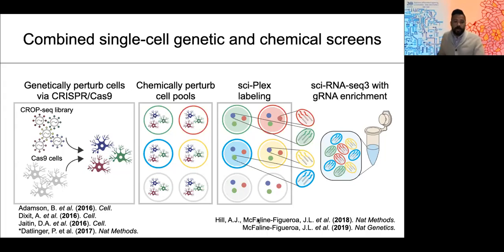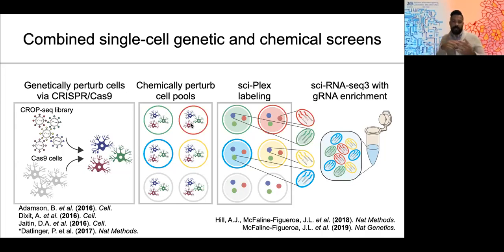And here, what we want to understand is how does genetic perturbation alter response to chemical exposure. So essentially what we do is we begin by making these heterogeneous pools of cells, then we array them across plates, treat them with different compounds, followed by our sci-Plex labeling.